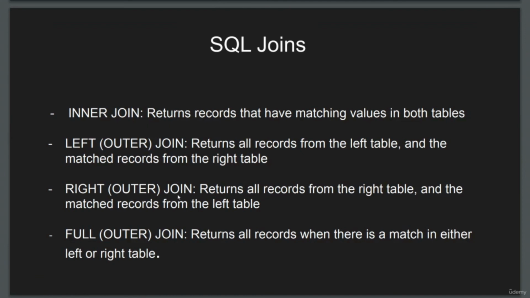Then we have right join. It is the opposite of left join. It returns all the records from the right table and only the matched records from the left table. In the last we have full join. Full join generally returns all the records when there is a match in either the left or right table.